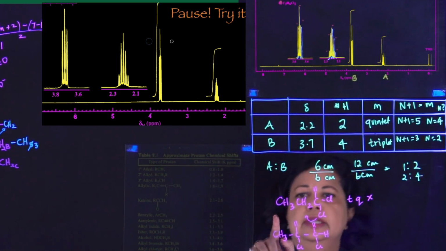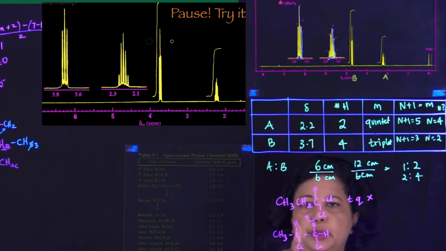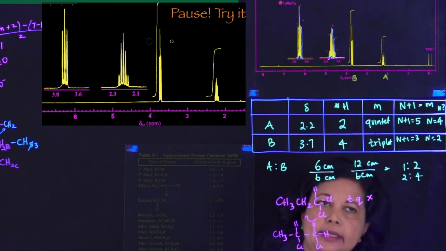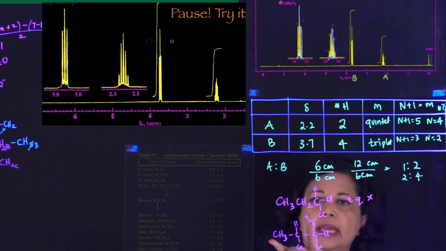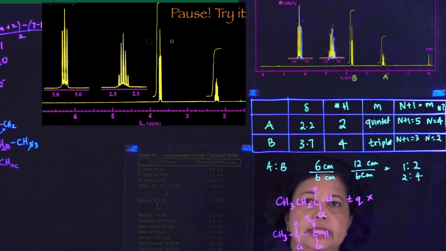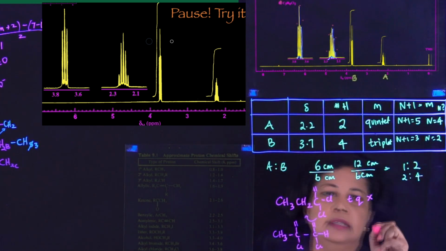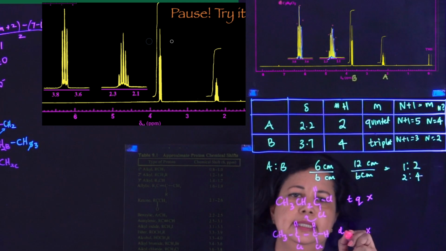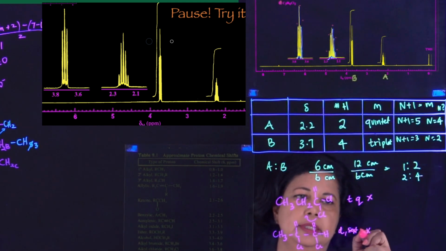This one is definitely going to have a doublet because you only have 1 neighbor. This one will also have a doublet at a different place, and we don't have 2 doublets for that. And you may have a sextet for that, and we don't have that either. So this is not going to work out either.